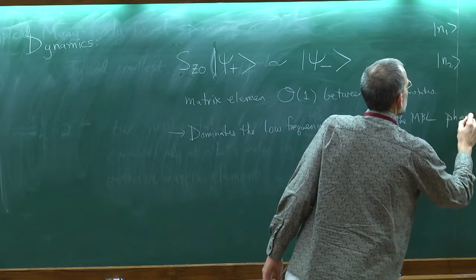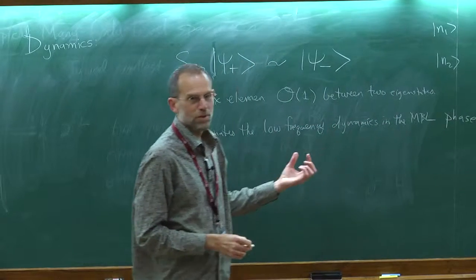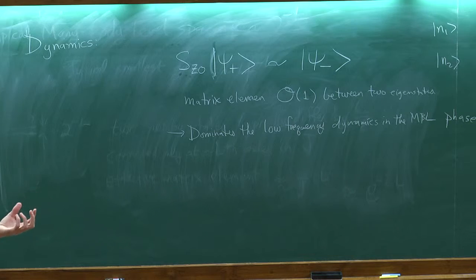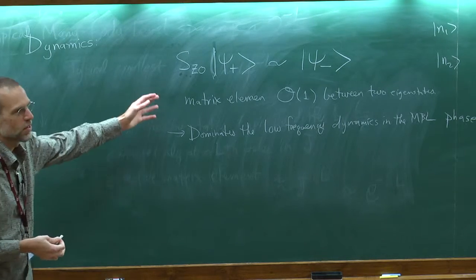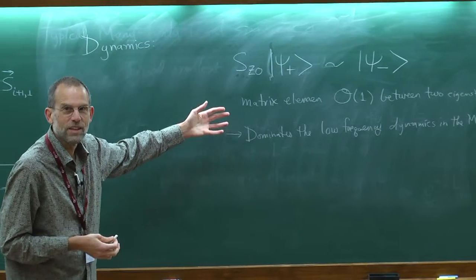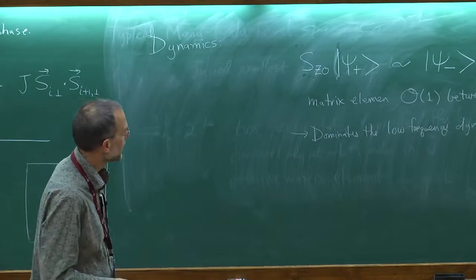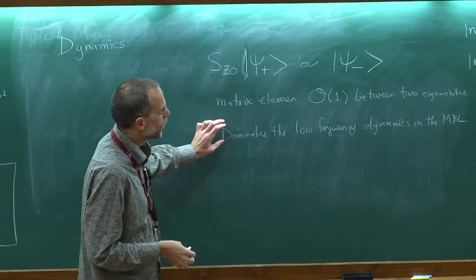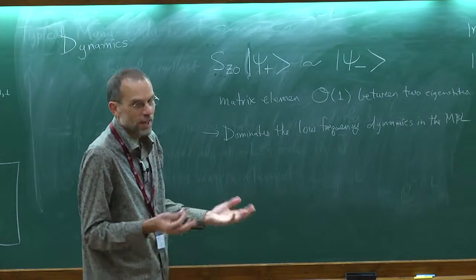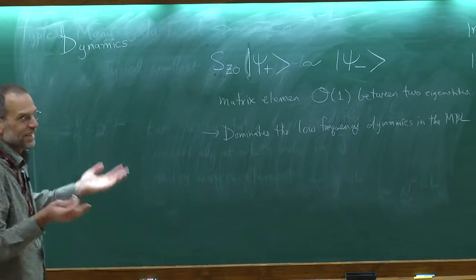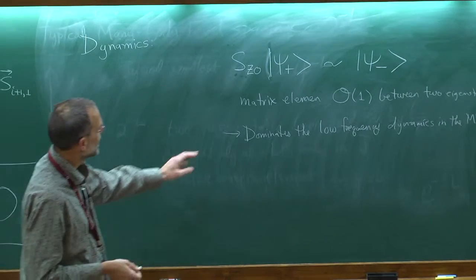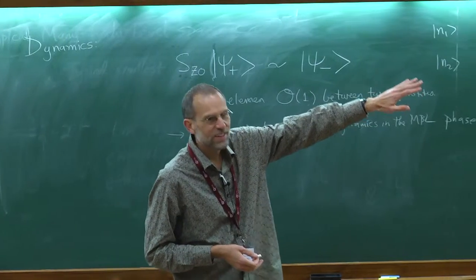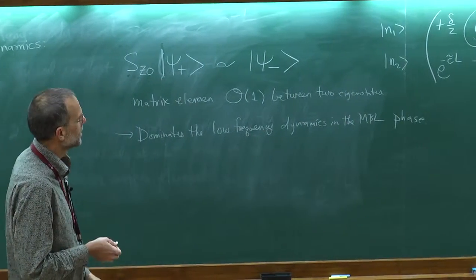If you take any local operator of the kind of thing you could observe, and we noticed this because we were thinking about the low frequency conductivity, or low frequency polarizability in the many-body localized phase, and you ask what dominates the low frequency behavior, you find that it's dominated by these large-scale resonances.